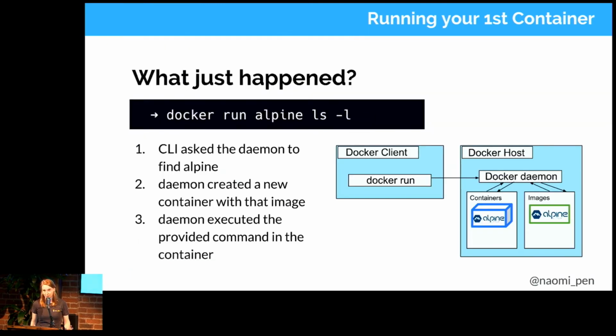What happened in this case was we ran docker run, and that was issued with the docker CLI. That interacted with the docker daemon, which checked locally whether the Alpine image was available. And because we downloaded it beforehand, it was available. And then it built a container on top of that image and executed the command that we provided it with. And then the container exited.